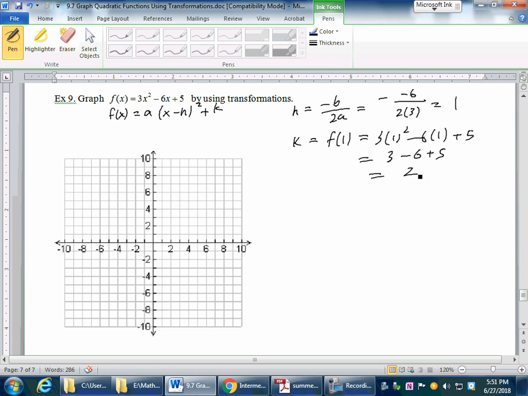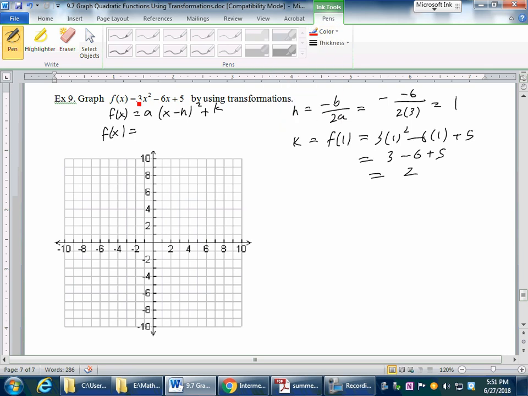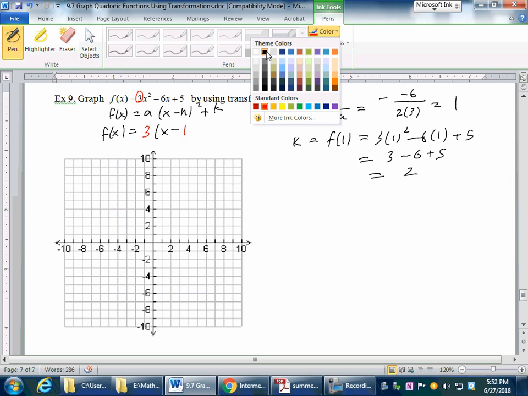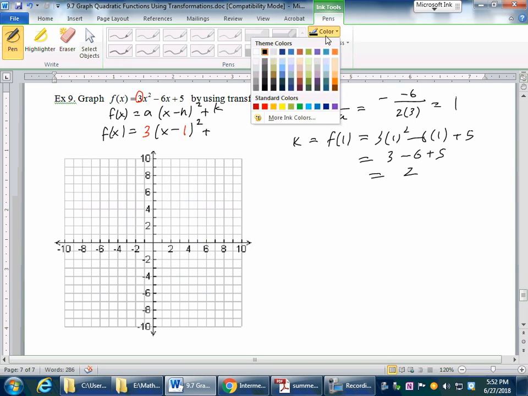So from here, we know that f(x) equals my value a, that is right here, 3, and then (x - h), where h is 1. Let me just plug it into the formula. Squared plus my k, in this case, is 2.